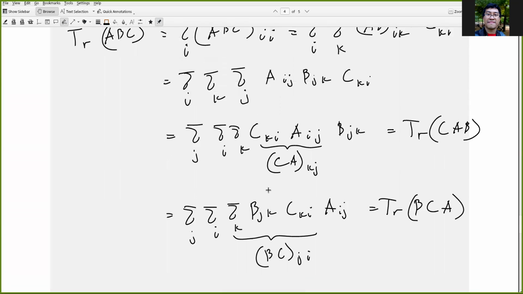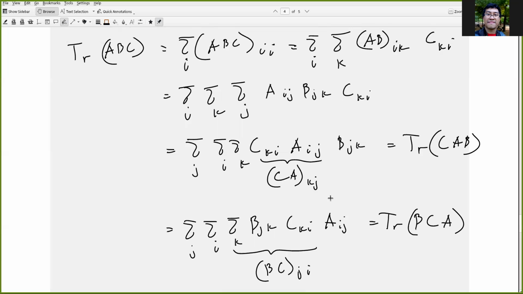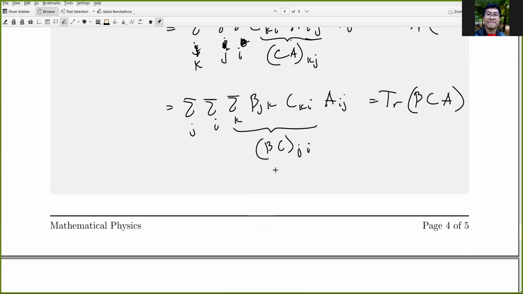To make it uniform, let's sum over i first, so this whole thing, this brace here, includes the summation, and then we have kj, jk. We then sum over all j, and then sum over all k to get the trace.